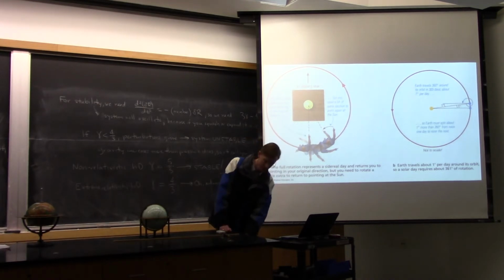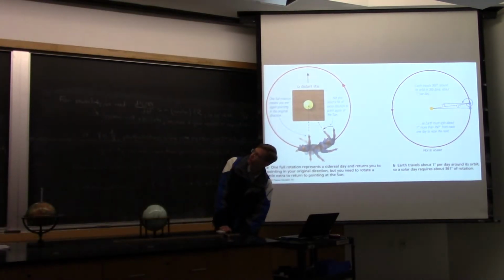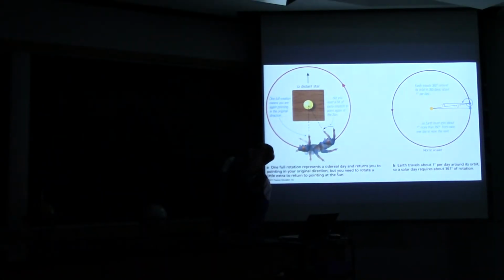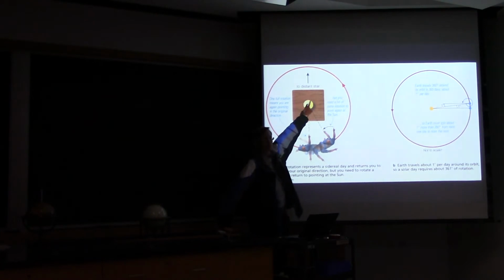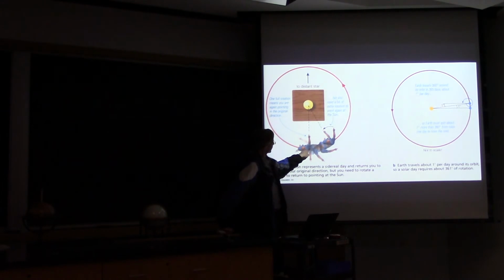To use this figure from your book to illustrate, imagine that the Sun just happened to be in front of some distant star one day, and the person here represents the Earth going around the Sun.